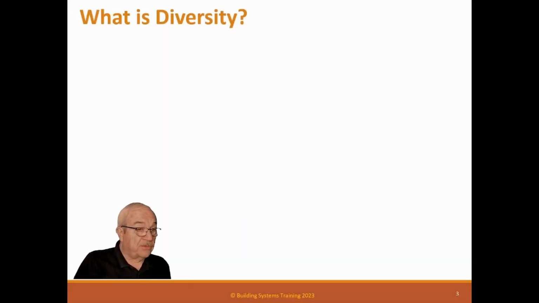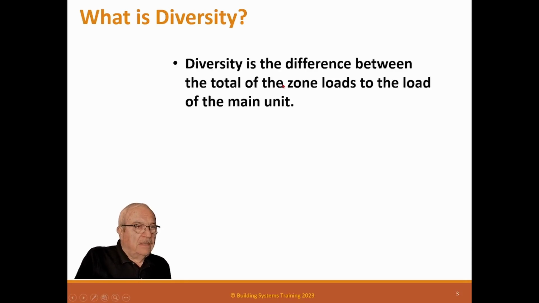So what is diversity? That's the first thing we need to figure out. Diversity is the difference between the total of the zone loads and the load of the main unit. When an engineer designs a job, he normally does his calculations by zone, so he can figure out how much load he needs to take care of in a certain zone. Then he may do an entire block load, which would be all the zones together, and that may actually be a different load.